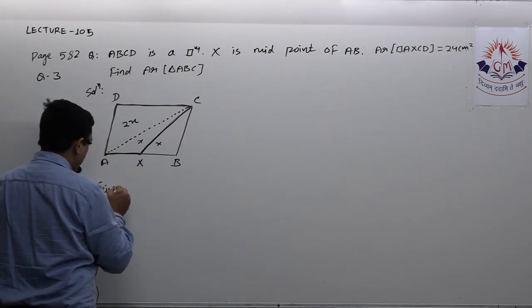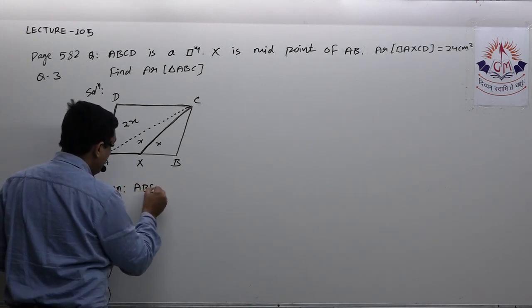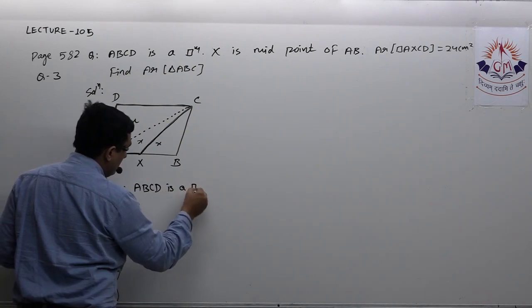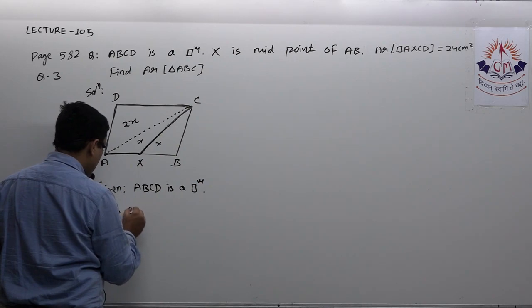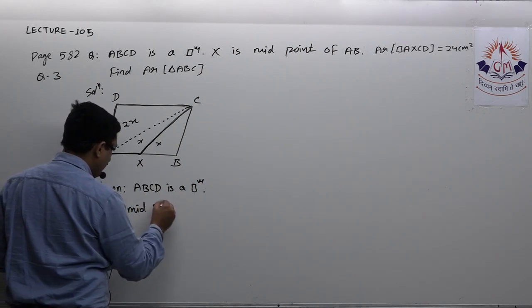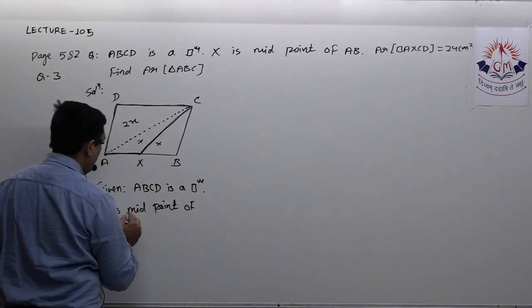Okay, so we are given ABCD is a parallelogram. X is midpoint of AB.